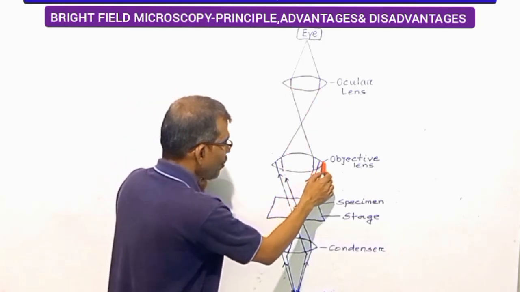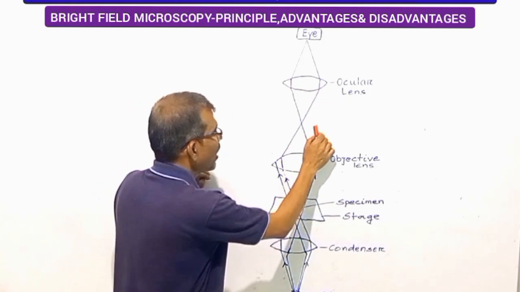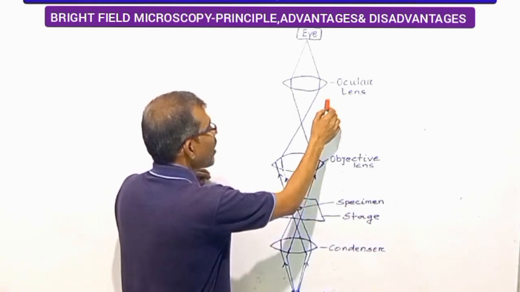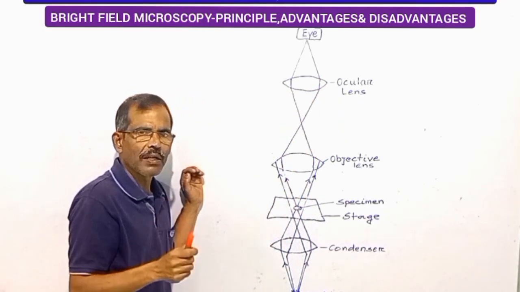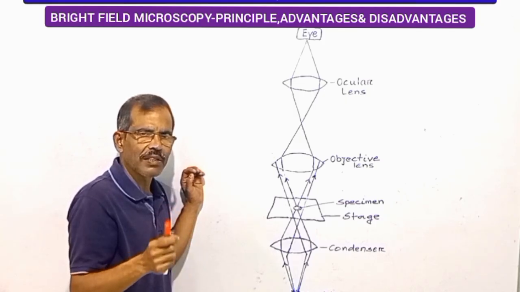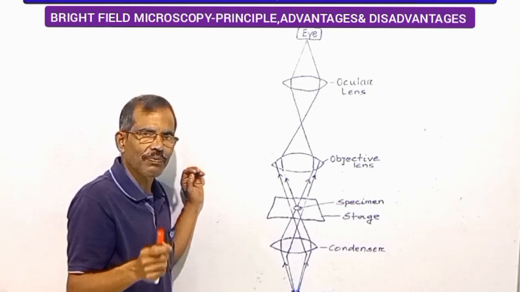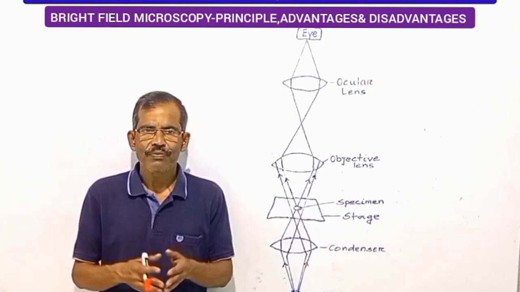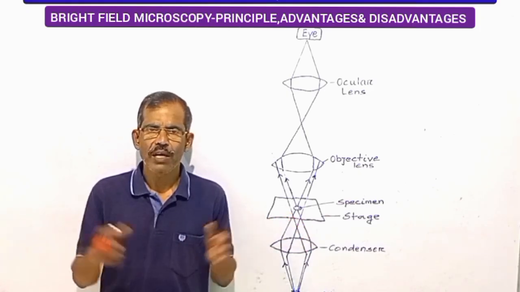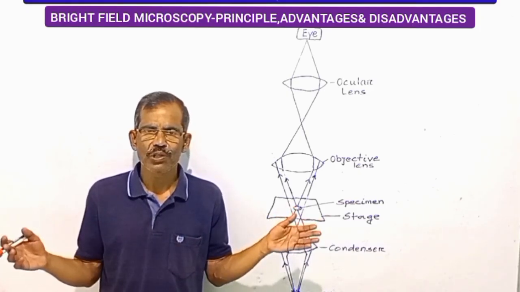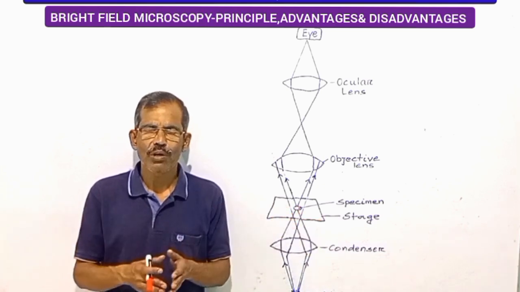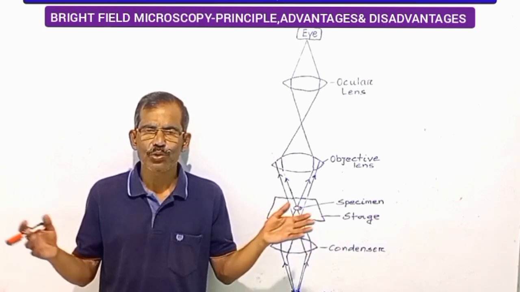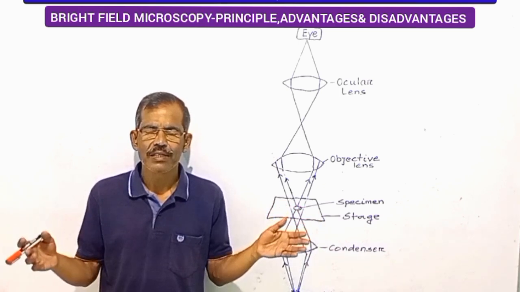The image formed by the objective lens is further magnified by the eyepiece, which produces the final virtual, upright and further magnified image. Bright field microscopes are widely used in histology, cytology and microbiology for visualizing stained tissue sections, cells and bacteria.